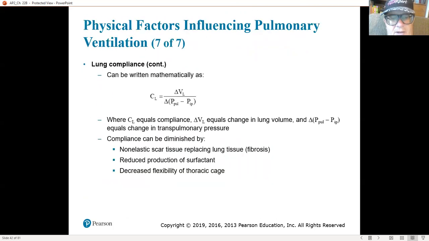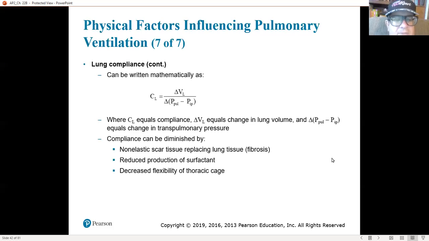All right, so a change in the transpulmonary pressure. Lung compliance is change in volume of lung divided by change in transpulmonary pressure.